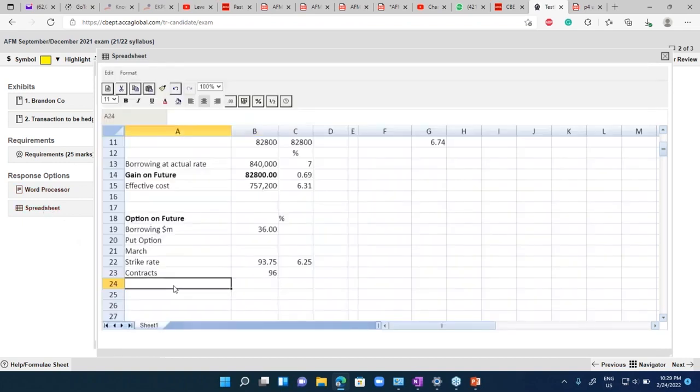Okay, next is now calculate the premium cost. What is the premium cost?